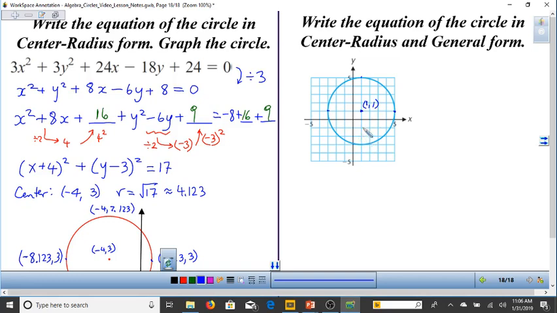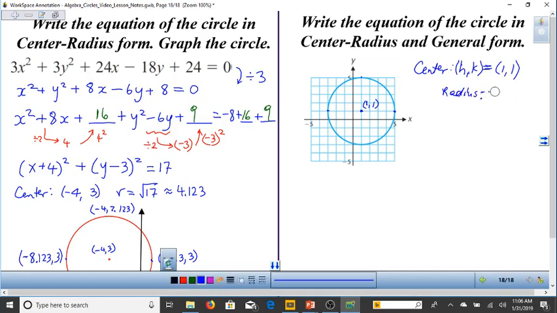And so we're correct. So the center of the circle, h, k, is 1, 1. And the radius of the circle is 4. R equals 4.